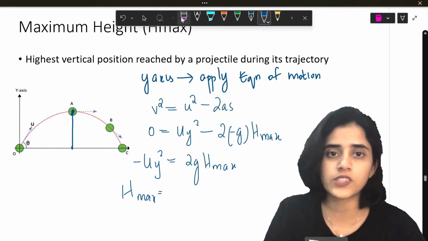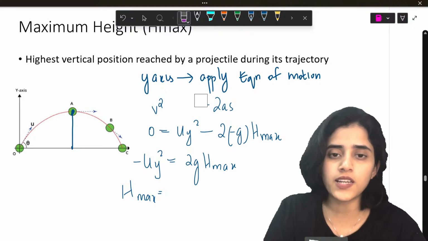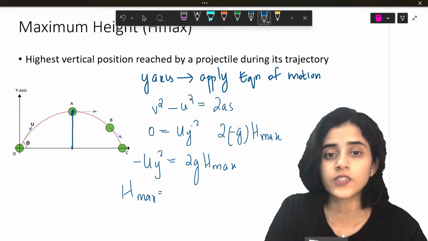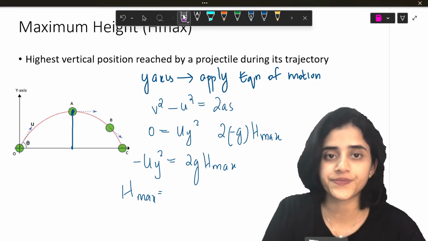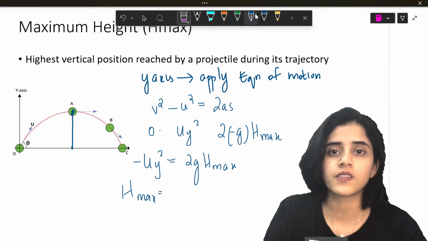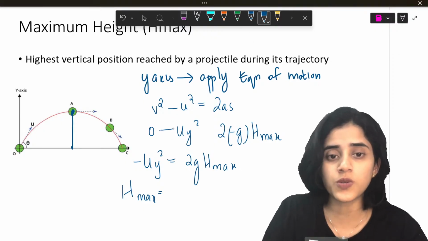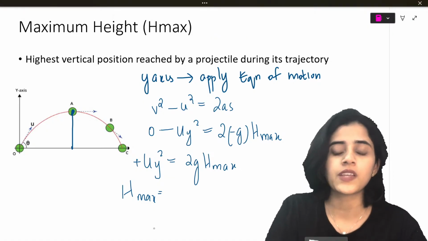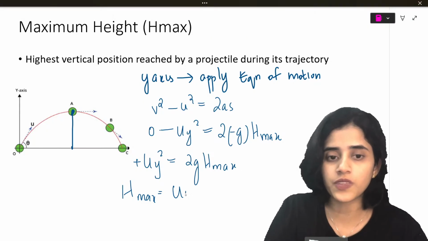Wait. One small correction. The formula is v square minus u square is equal to 2as. Yeah, now it's correct. So 0 square minus u square is equal to, so this is plus. Okay, so now h max is equal to uy square divided by 2g.